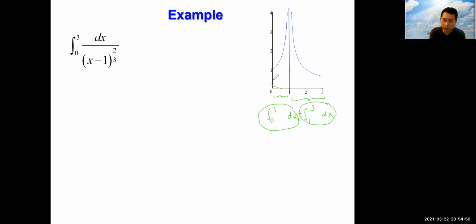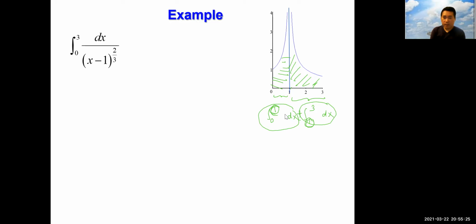That is the area on the left of 1 plus the area on the right of 1. Now when we do that, you see that the function is not continuous at 1, which is the upper limit of the first integral, and in the second integral it's not continuous at 1, which is the lower limit. So we handle these two the same as in case 1 and case 2.